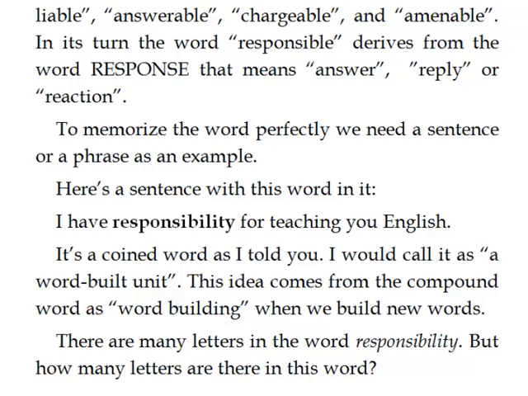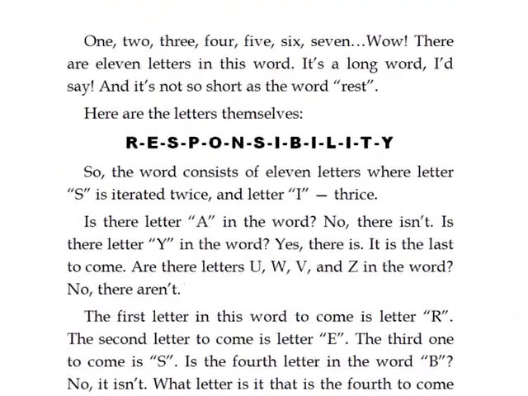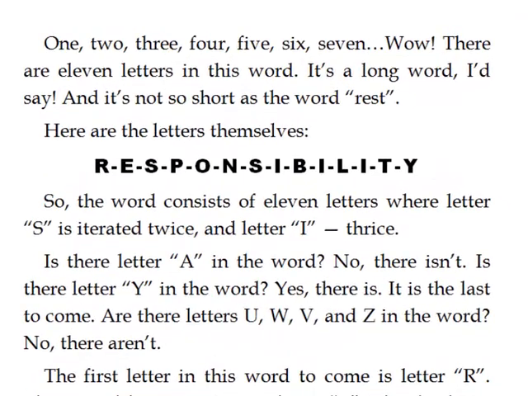There are many letters in the word responsibility, but how many letters are there in this word? 1, 2, 3, 4, 5, 6, 7, 8, 9, 10, 11, 12, 13, 14.